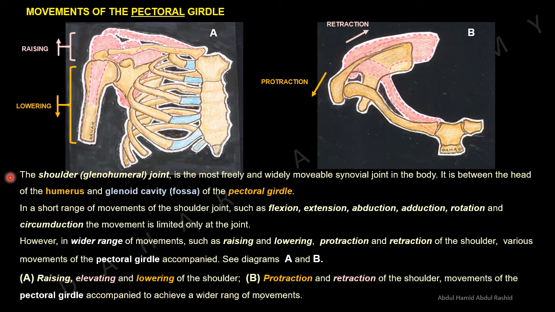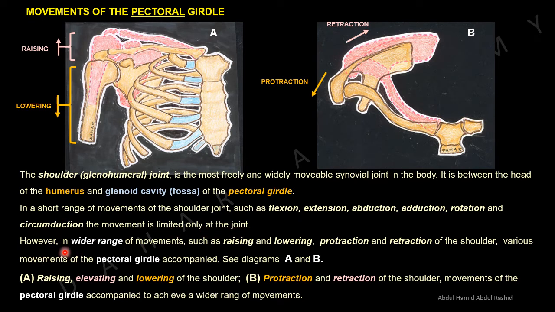The shoulder, that is glenohumeral joint, is the most freely and widely movable synovial joint in the body. It is between the head of the humerus and glenoid cavity, that is glenoid fossa of the pectoral girdle. In the short range of movements of the shoulder joint, such as flexion, extension, abduction, adduction, rotation, and circumduction, the movement is limited only at the joint.